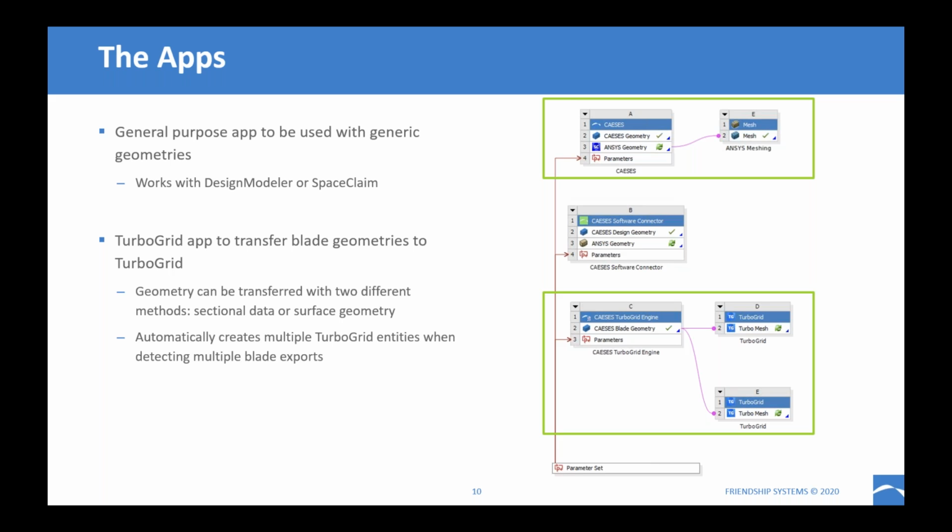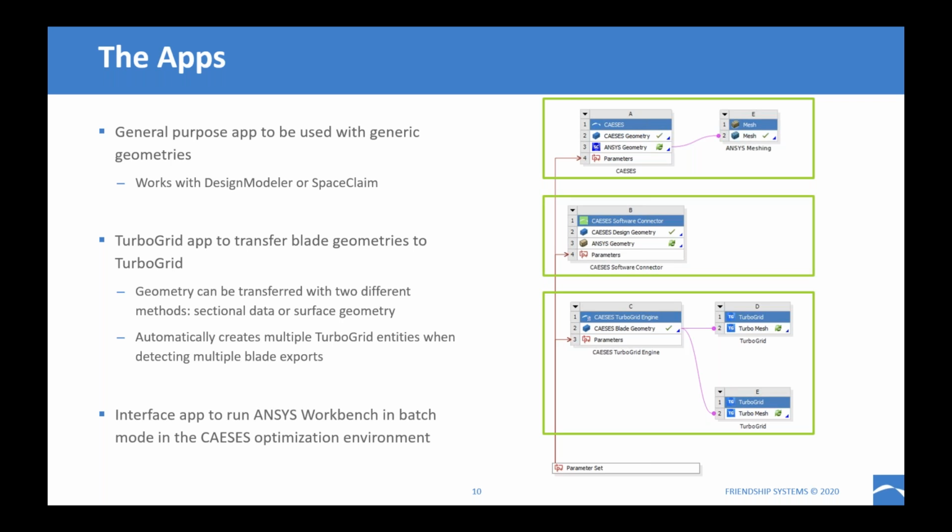These are two options that might be suitable for different applications. I will say a little bit more later on. And as you can see here, it will also create multiple TurboGrid entities when it detects multiple blade exports from one geometry setup, as we see in the picture.